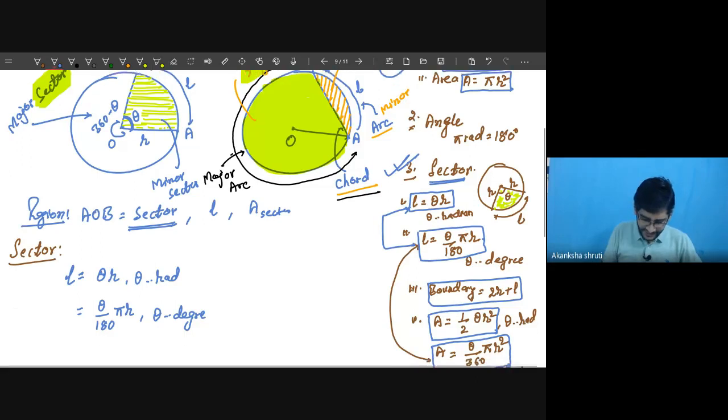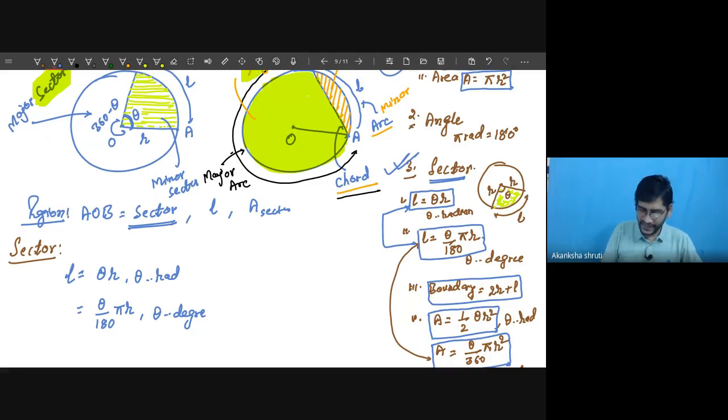Students, last day I had explained these two are the same. There I had also explained how theta r and theta by 180 degree pi r are the same. Once again, please just recall it.